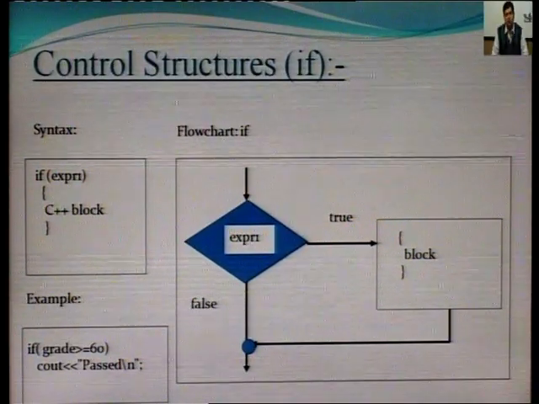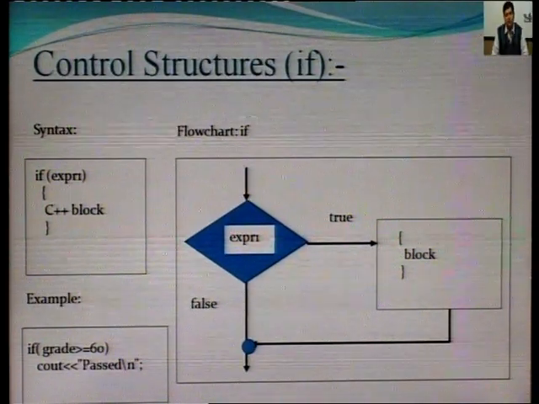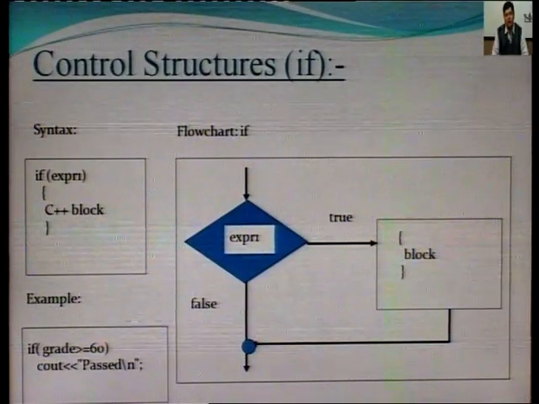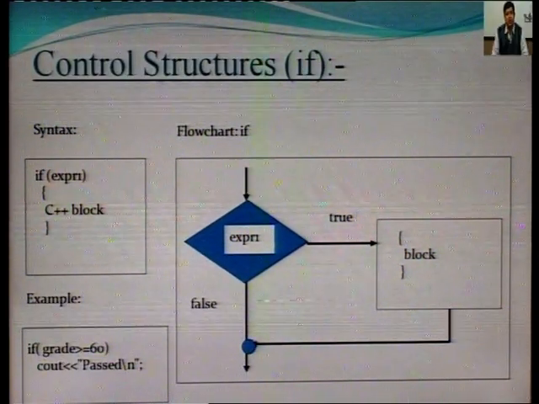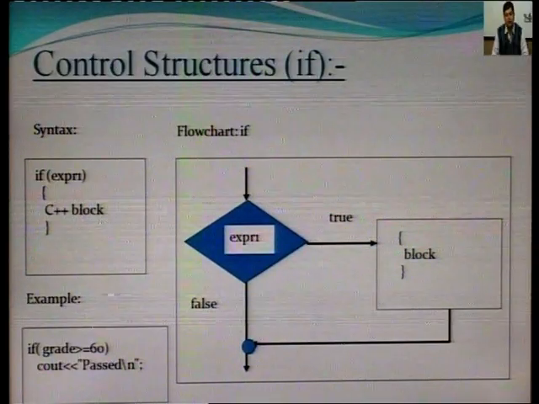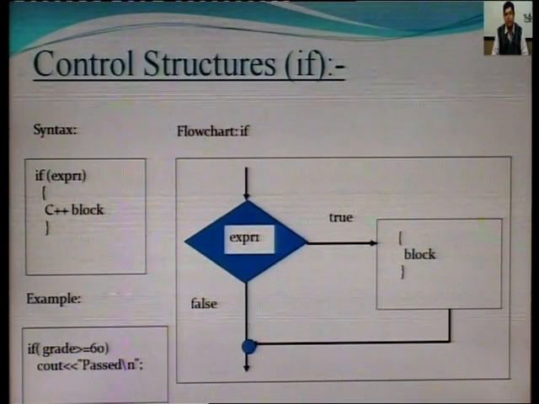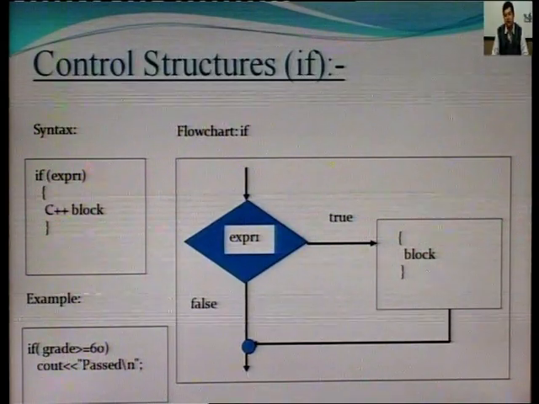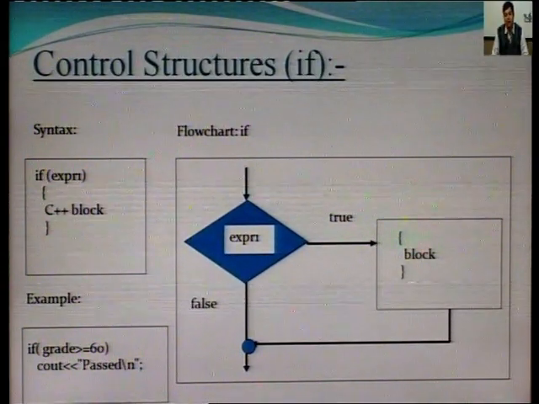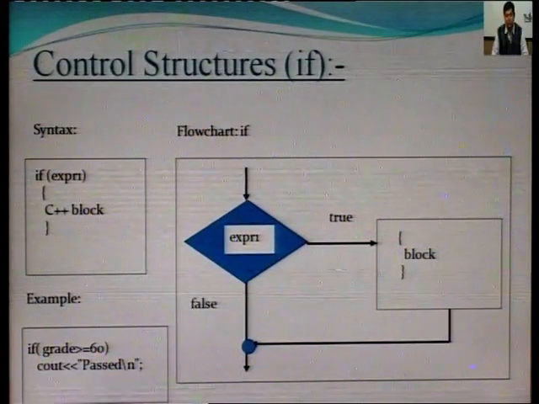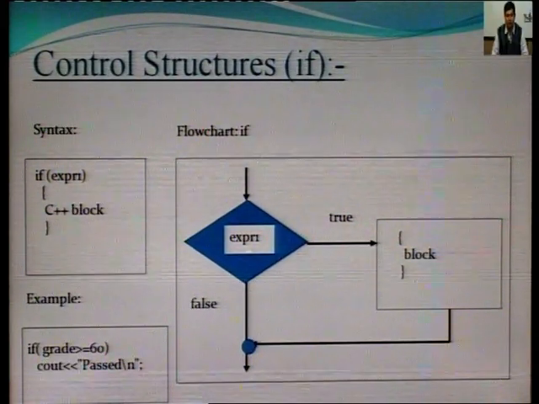Now you see the syntax: if expression, and then there is a C++ block of statements. If you generalize it, the flowchart looks like this. If the expression is true, execute the sequence of statements given in the block. Otherwise, if the expression is false, it straightaway comes out.